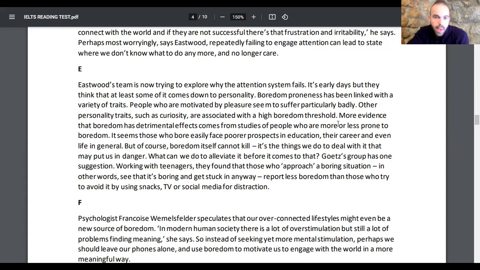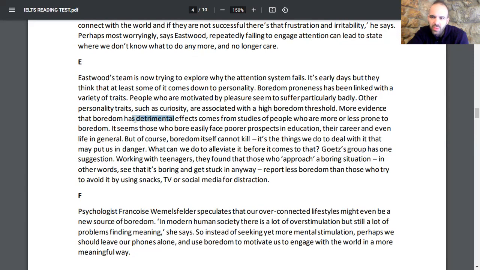Amazing. More evidence that boredom has detrimental effects comes from studies of people who are more or less prone to boredom. Detrimental means negative or bad, very bad. Prone means, when you are prone to something, you are exposed, vulnerable or easily exposed.